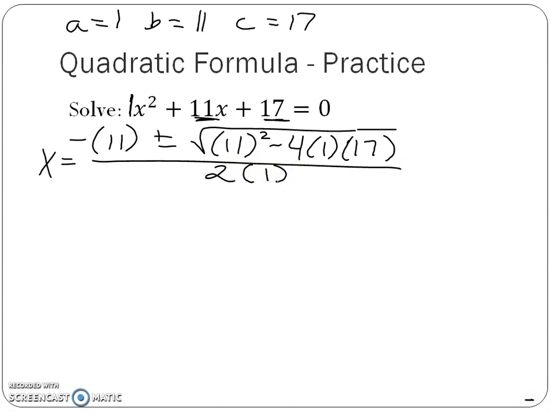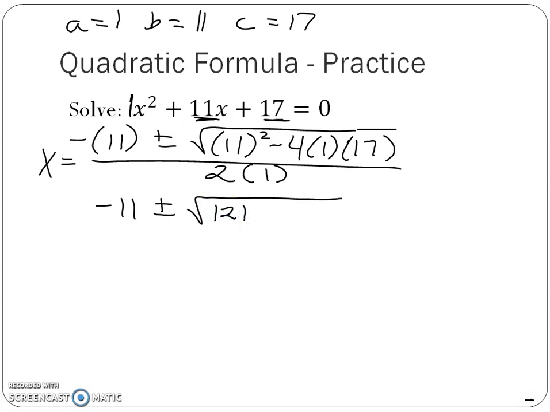Now I'm going to simplify out in front. So negative 11, there are not two negatives, so it's just a negative 11, plus or minus the square root of. Now I'm going to simplify on the inside of that, and that's where it gets a little tricky. So 11 squared, that's 121. You plug that in your calculator.